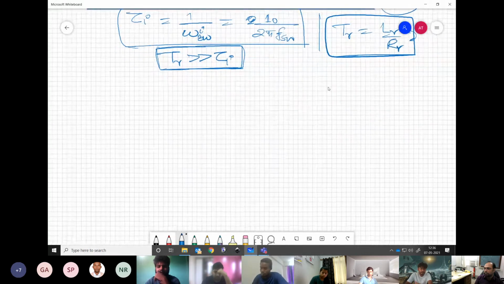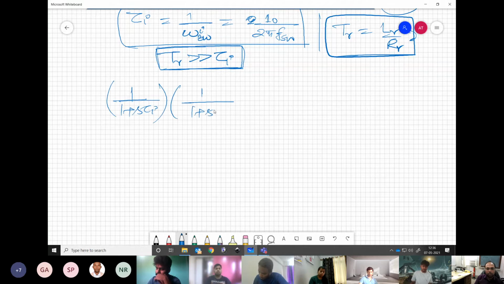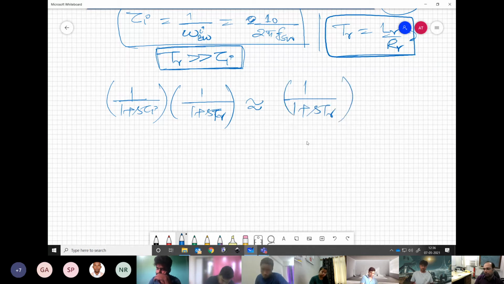First option is to approximate this as only 1 plus s TR. Don't worry about tau I because it is very far from TR. So the whole dynamics can be shown as dependent on TR only.